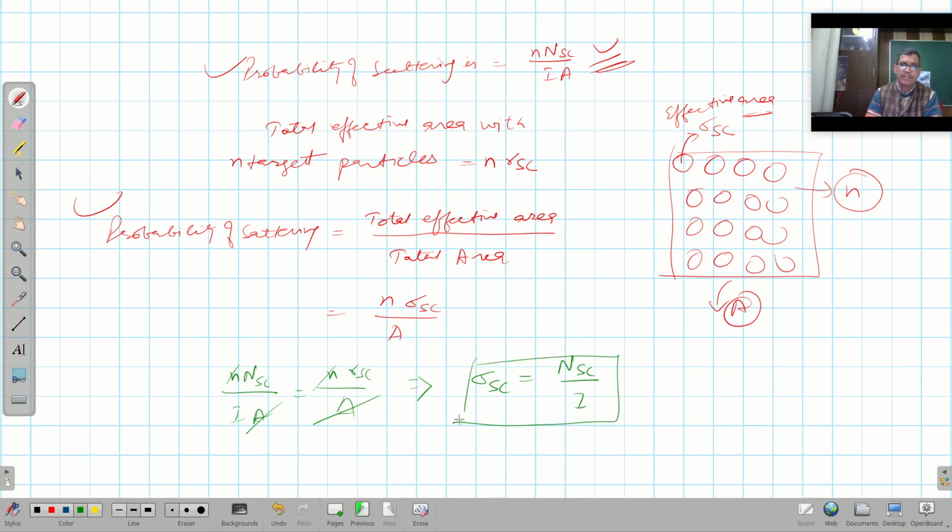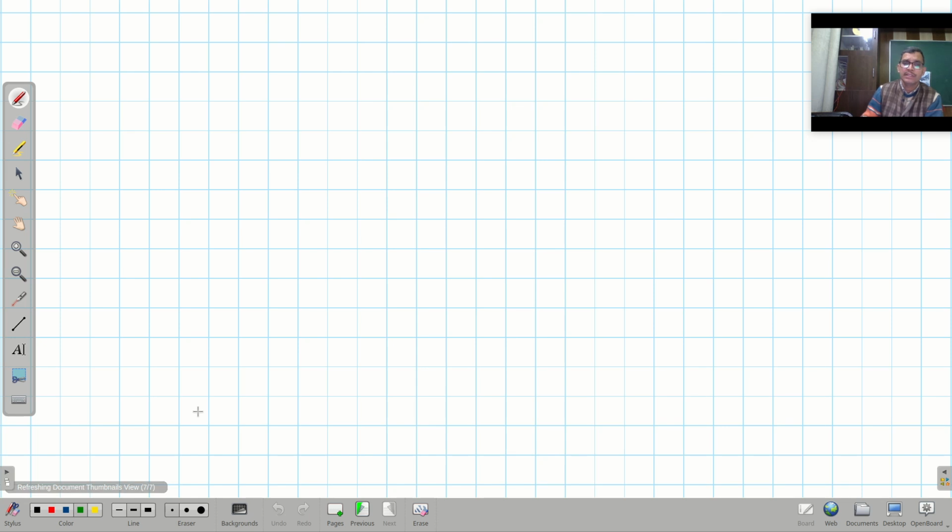So this is the scattering cross section, or sometimes it is known as the geometric cross section.